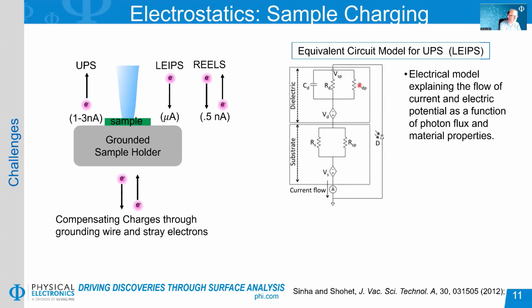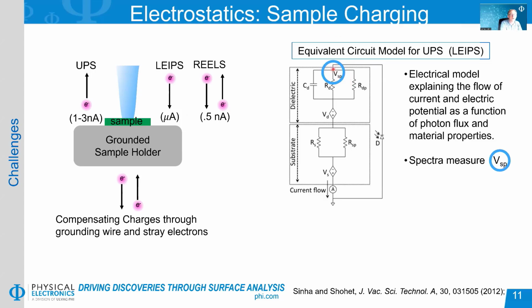So it's not necessarily what you would measure, and in LEIPS, you also have to think about the resistance of an electron in the conduction band, not necessarily the resistance of a hole traveling in the valence band, which can be quite different. So the resistances are of the experimental conditions.